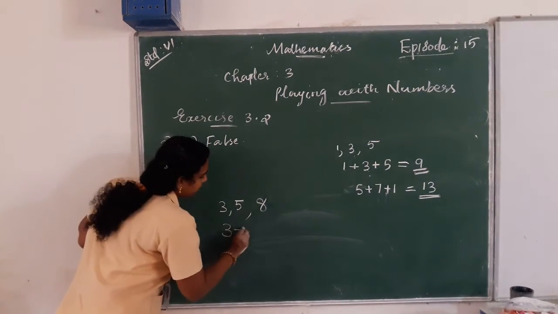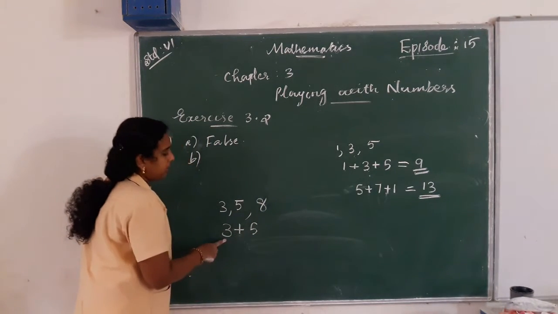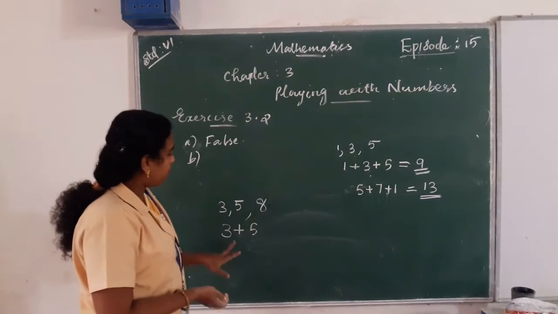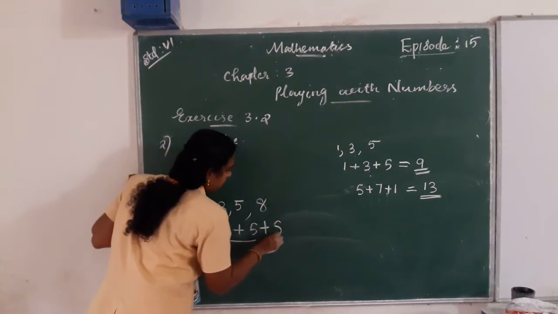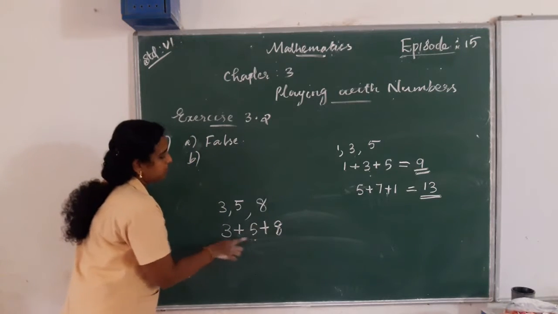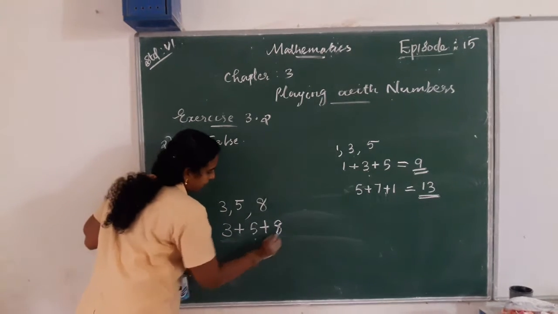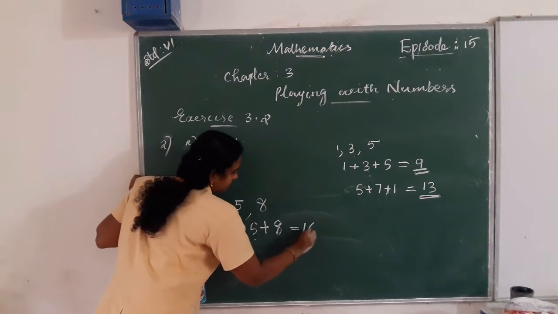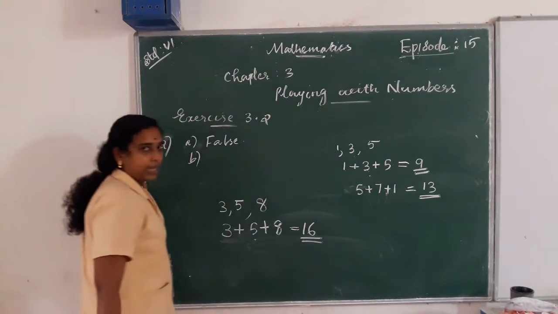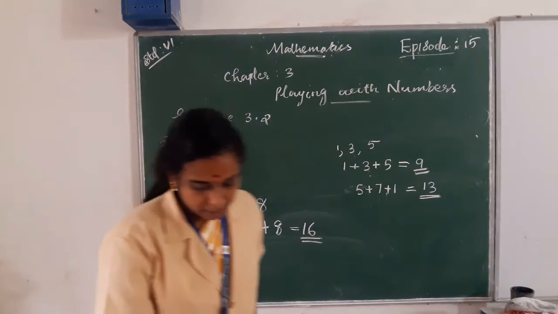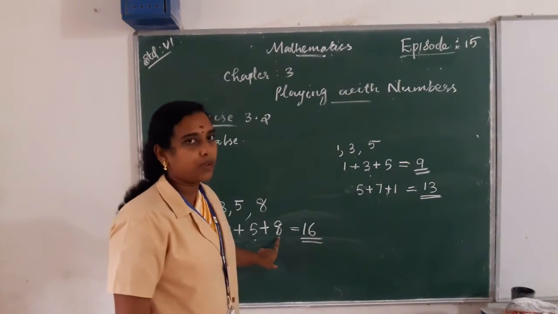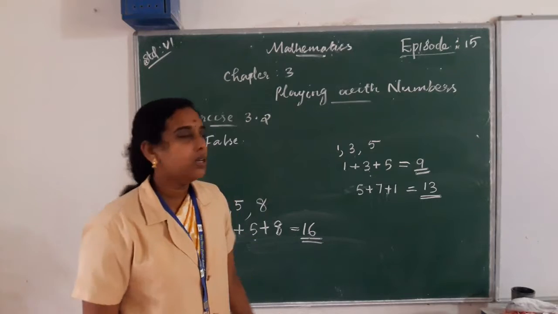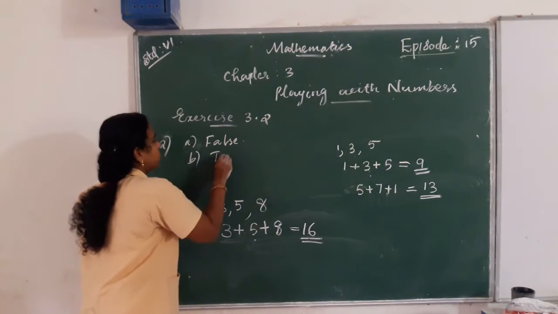If we add 3 plus 5, that is 8, then 8 plus 8, we get 16. 16 is an even number. So the statement is true. The sum of two odd numbers and one even number is an even number.